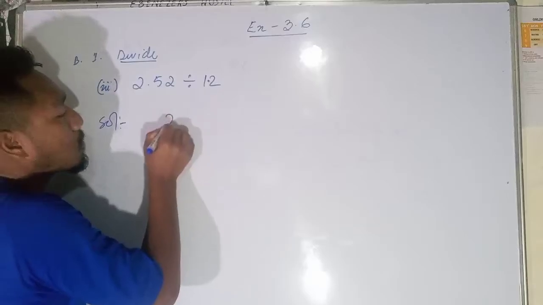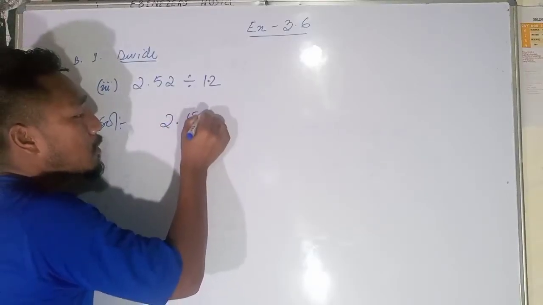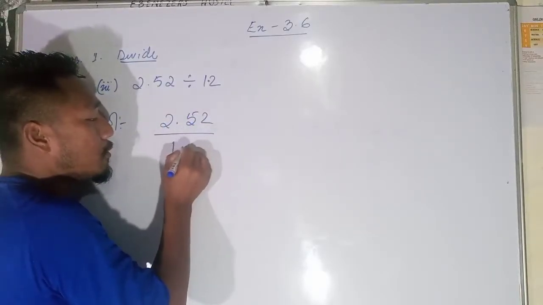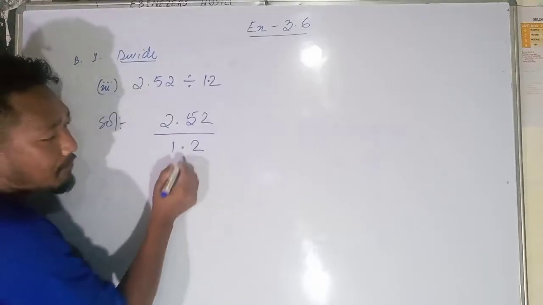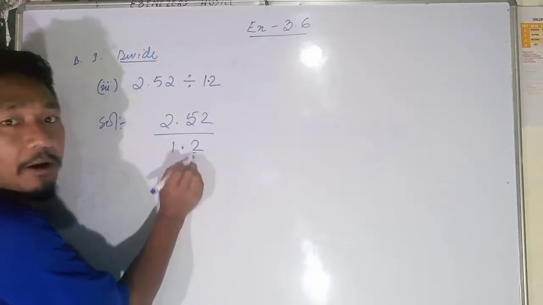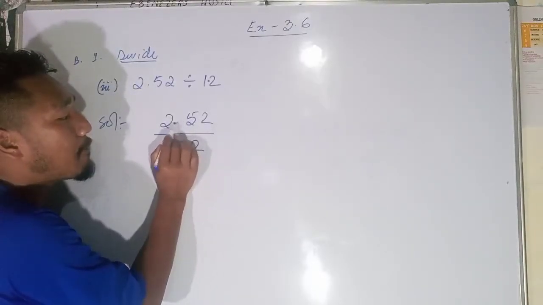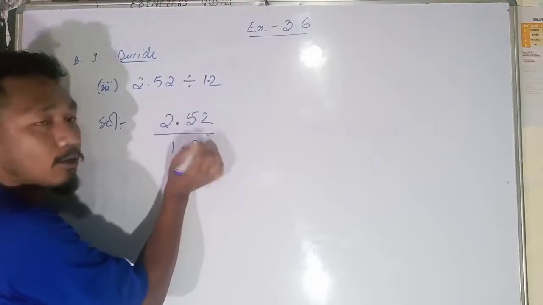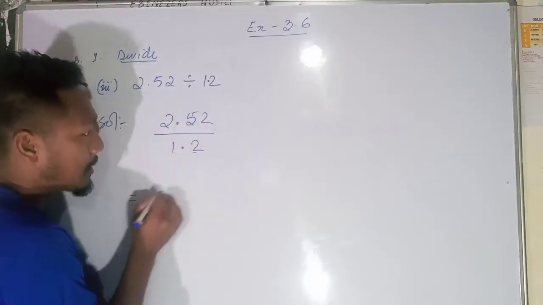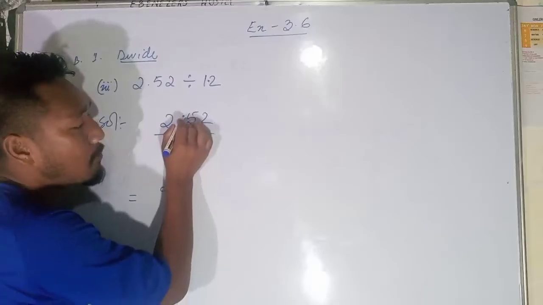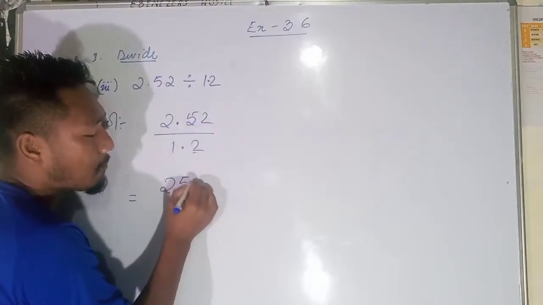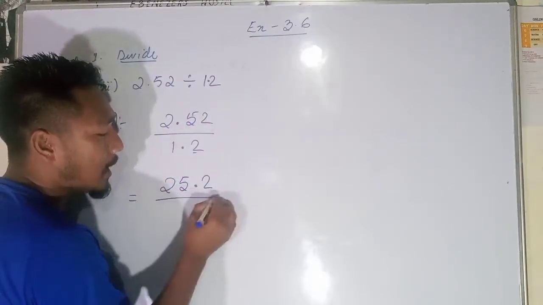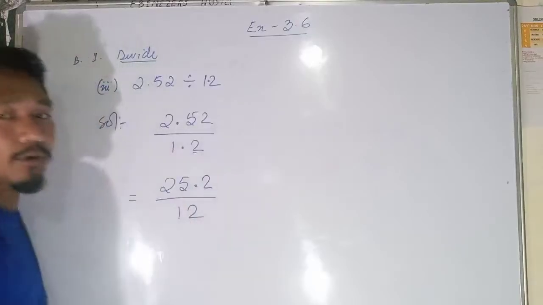So you see here 2.52 is divided by 1.2. Downside we have only one number after the point, but upside after the point we have two numbers. Then what I shall do is shift the point upside to after one number, and downside it will reduce to 2.